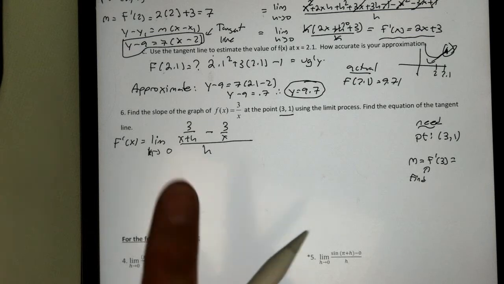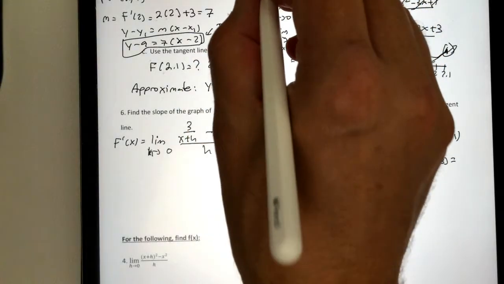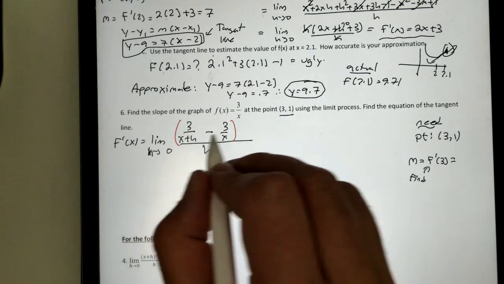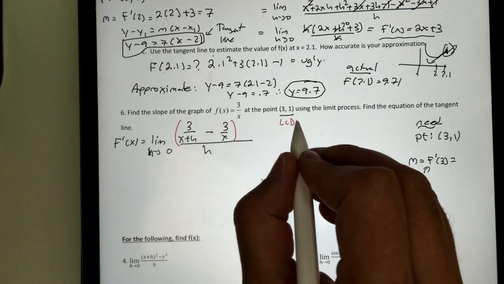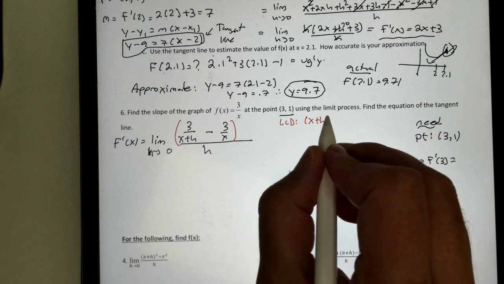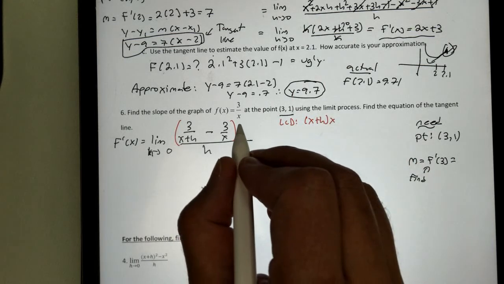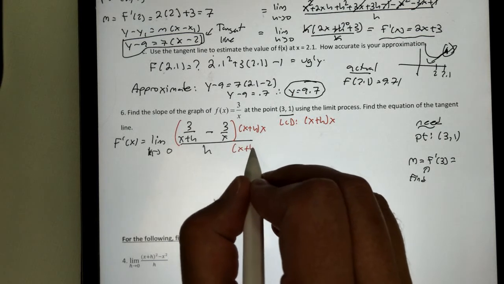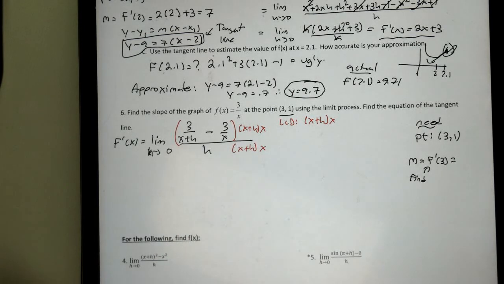Now we saw this before. This is our LCD method. We have to multiply both top and bottom by the LCD, which is x plus h and x. So I'm going to do that.